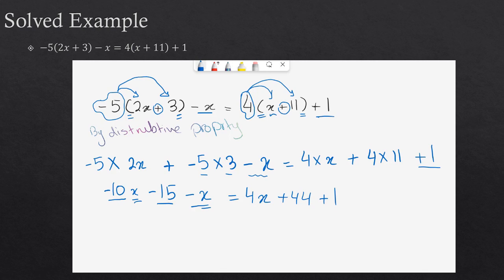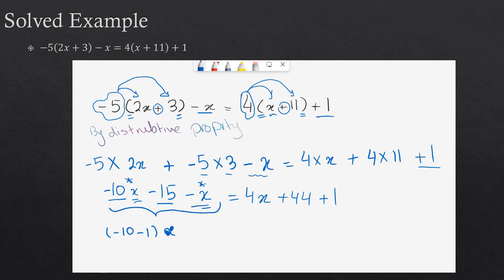Okay, this is what we have in the left hand side. So we can combine the first term and the last term because both of them contain the variable x. Okay, and minus 15 is a constant, it remains the same. So we write minus 10 minus 1 multiplied by x.